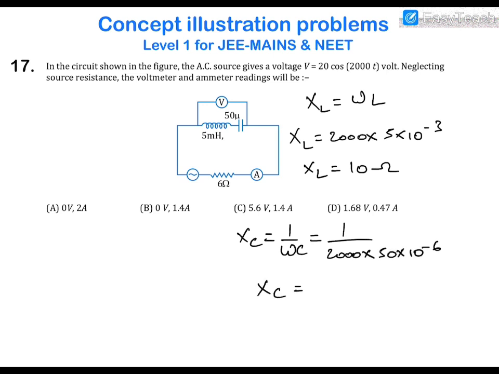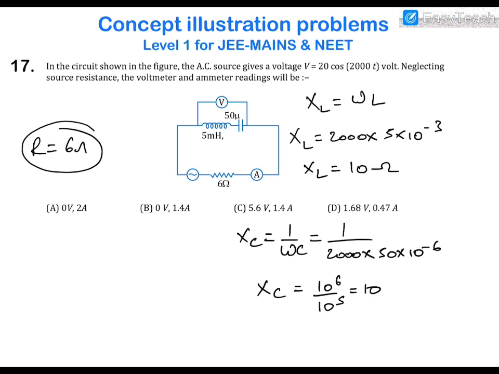So XC will be 10 to the power 6 in the numerator, and in the denominator it is 10 to the power 5. So it is 10. Okay, and the value of R will be 6 ohms.